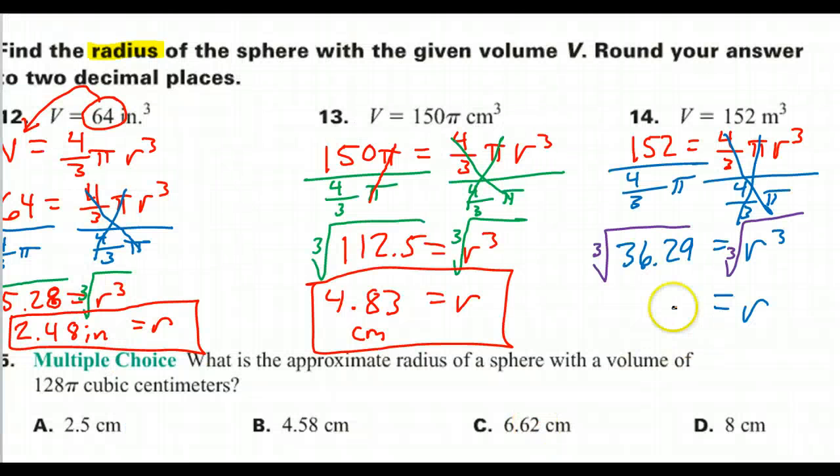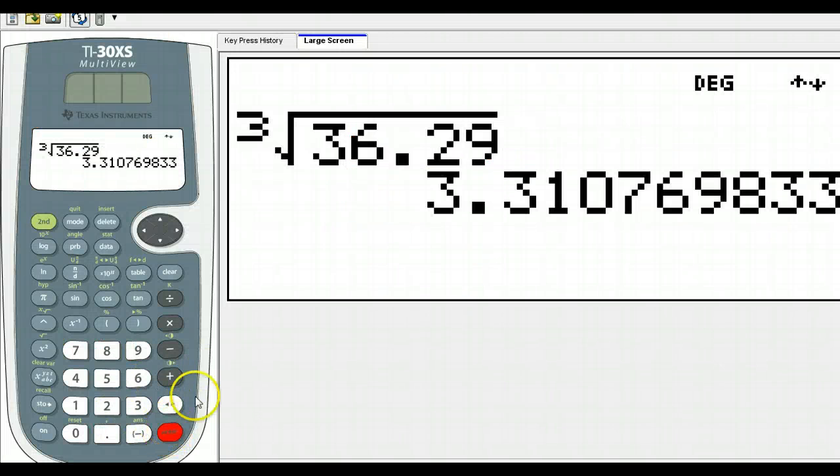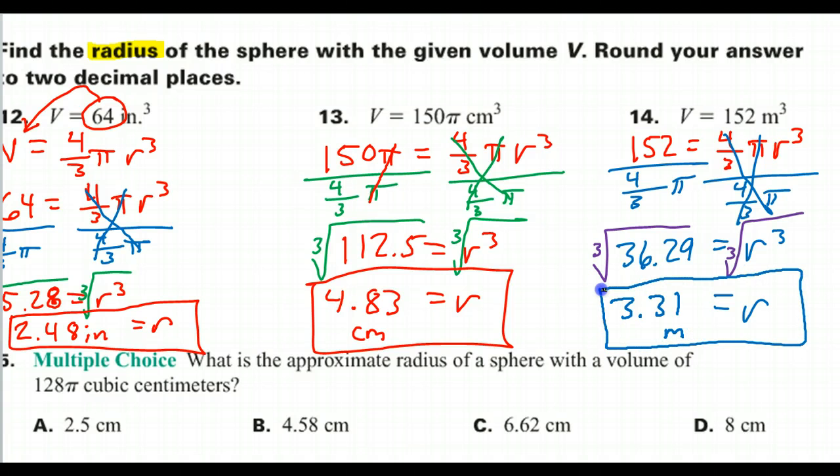Is that right? Yeah. All right, so the cube root of that gives me 3.31 meters. So that would be the radius for number 14. Okay, that is how you do that.